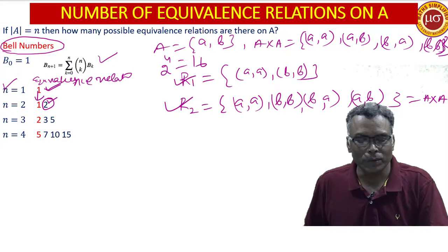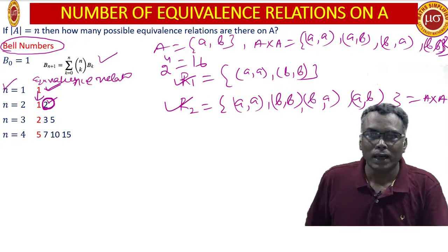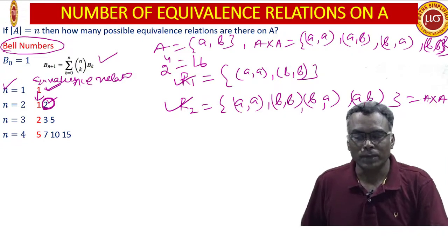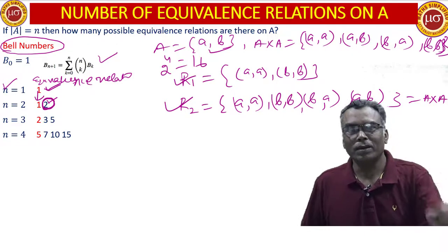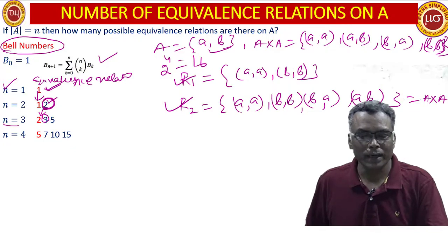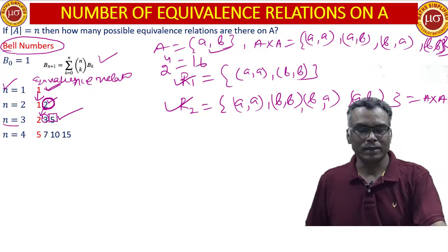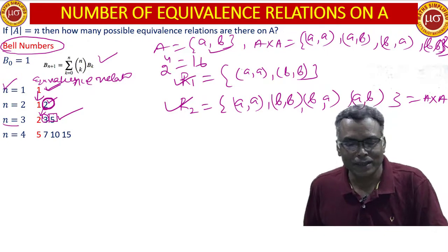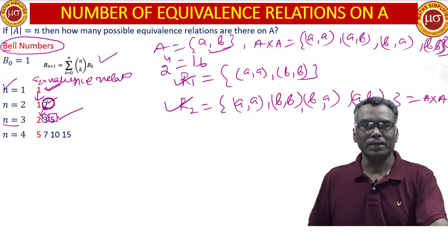There are two equivalence relations for n equal to 2. If the number of elements is 3, n is 3, copy this 2 here. Add this 1 plus 2, write here 3. Then add this 3 with 2, write here 5. So there are 5 equivalence relations on a set containing 3 elements.